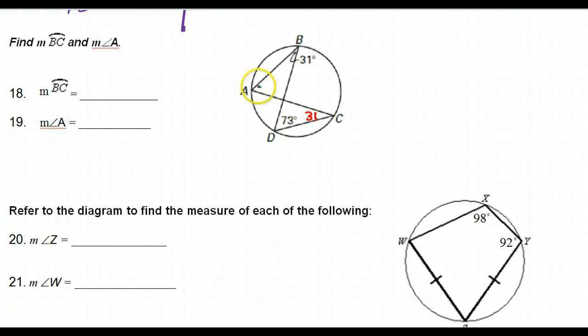So I know that angle A is going to be 73. Now, to find arc BC, that's just going to be double this angle. So just double 73, and that gives me the arc. So that is 146 degrees. Measure angle A. Oh, we already have it. So that's going to be 73 degrees. No problem.